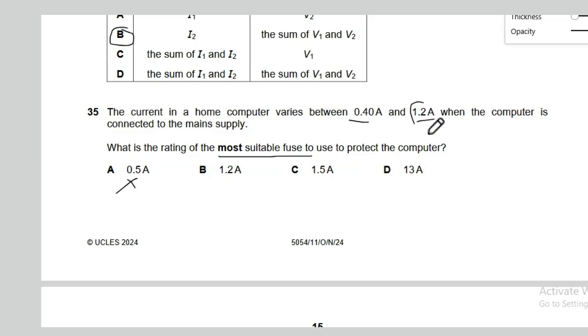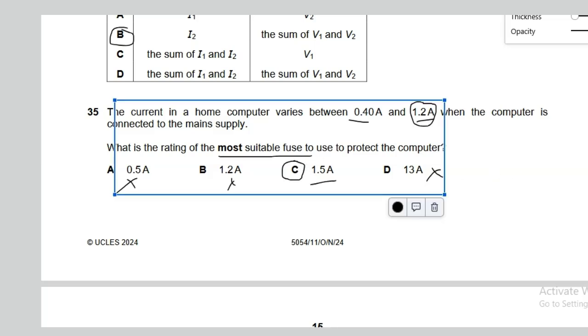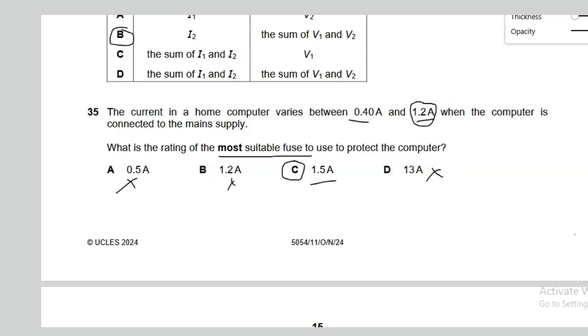And 13 ampere is also not correct because it is too far away from the range of the computer. So option 1.5 ampere, that's the perfect rating, since it is close to the highest current of the computer.